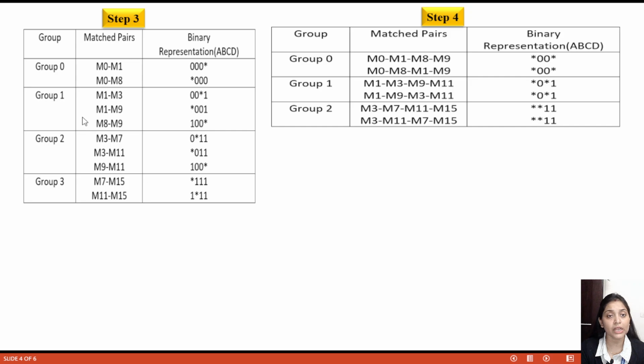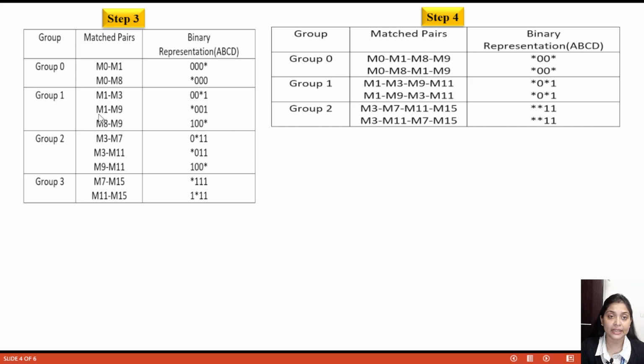Then coming to the next group, that means group 1, here M1 M3 and M3 M7 comparison first, then M1 M3 M3 M11, then M1 M3 M9 M11 comparison. From all these comparisons we can see only M1 M3 M9 M11 has a 1 bit change.